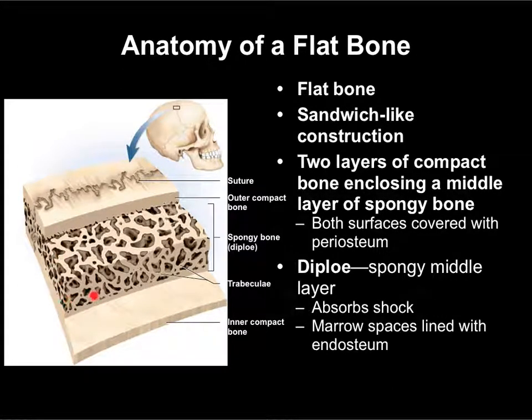Here, this spongy portion, the diploe, is kind of spongy, and so it will actually absorb shock better. So this bone has a tendency to be a little bit better about taking blows without actually shattering. And again, we have a periosteum coating the outer and inner surface of the compact bone.